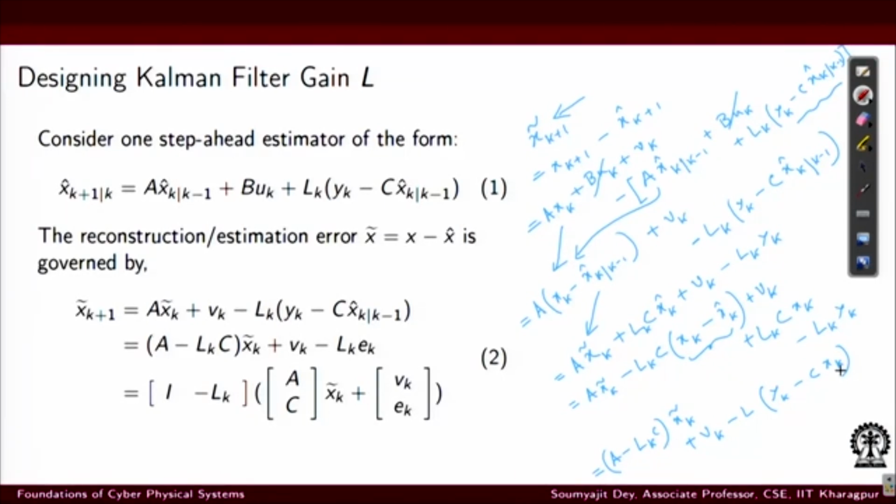So, this is how this derivation comes, right. So, as you can see this is what we have here, right, A x_k tilde plus v_k minus L_k y minus this C x_k here.